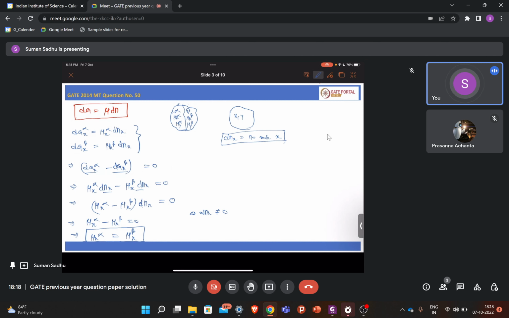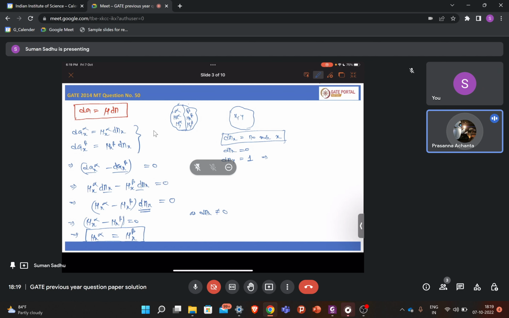That means it is a pure component. It is not a binary system, right? Yes, sir. If dn x is 0, then dn y will be 1, so it will be only pure y. So if dn x is 0, then you cannot cancel this term. You can only cancel this term when it is a non-zero component. This is simple mathematics. Okay, sir, do you have any doubt up to this? No, sir. Clear, sir.